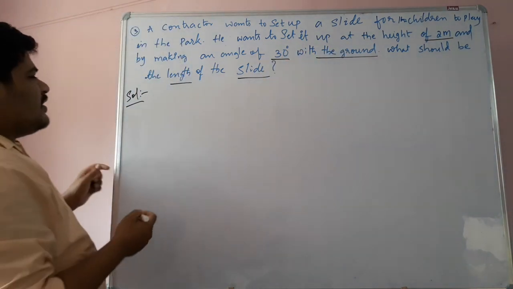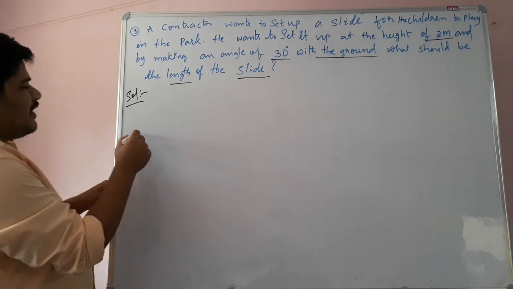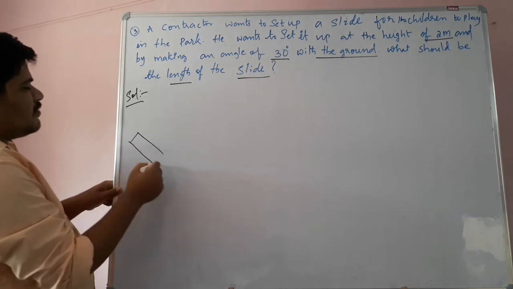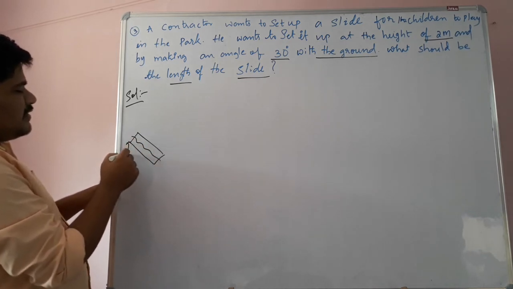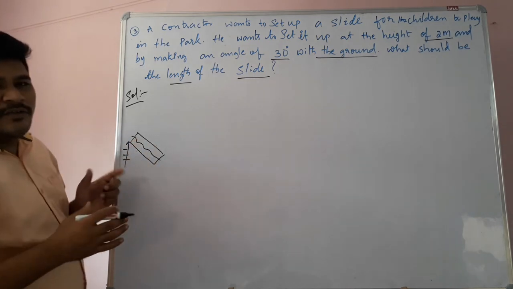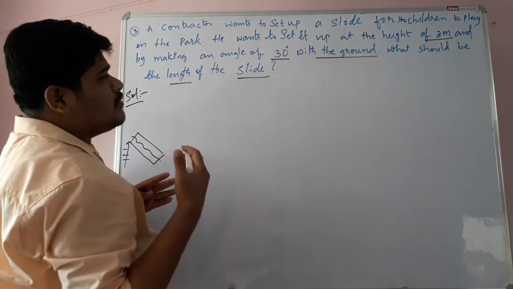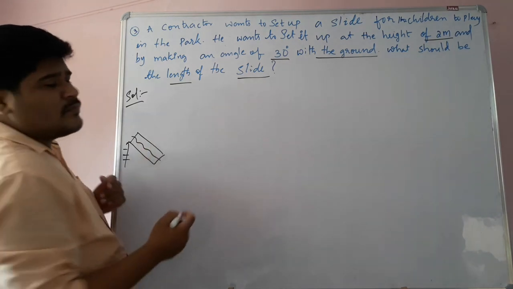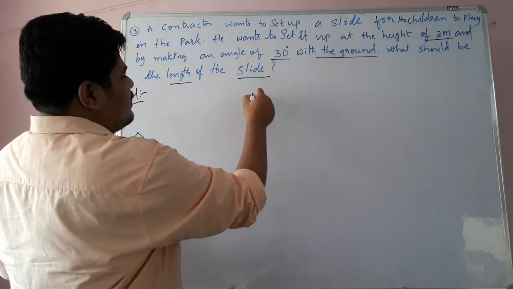So slides are what children use to play in parks or gardens. So it will be like this, right? They will set like this, and their steps will be there. So now, according to this problem, I want to draw a diagram. Suppose this is the height which he fixes.